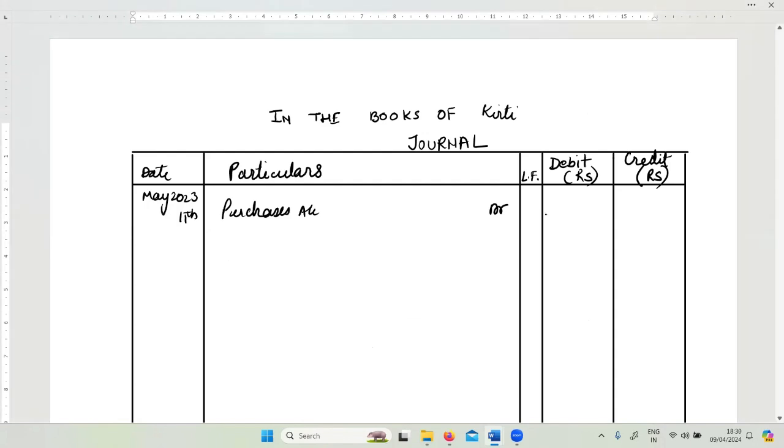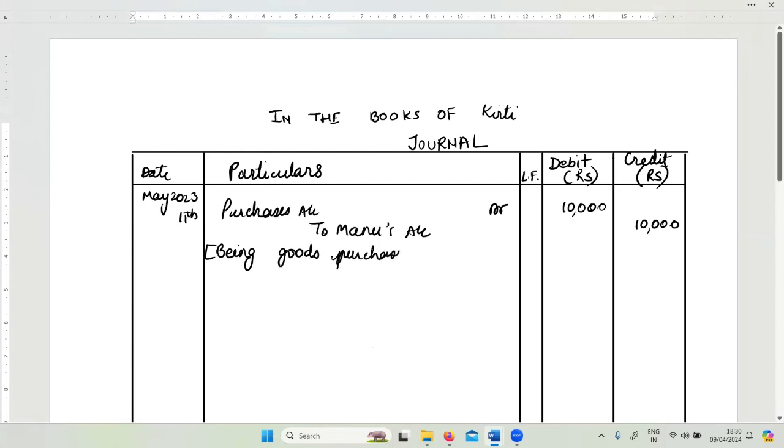Amount 10,000. And Manu is the giver of the goods, so to Manu's account 10,000. Fine. And in brackets, you will write being goods purchased from Manu. Correct? This transaction is over.